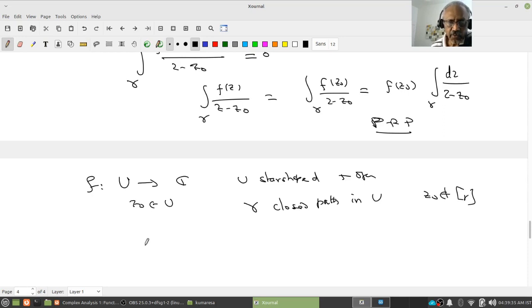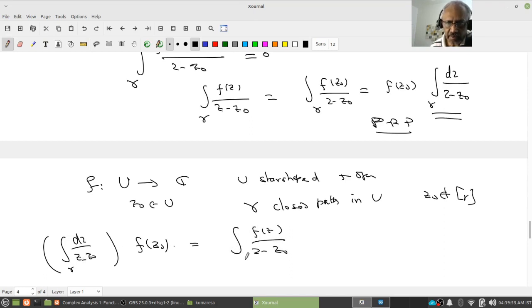Then we proved f of z naught into, let us put it in a bracket, integral of dz by z minus z naught over gamma, this equals the integral of f of z by z minus z naught over gamma. This is called Cauchy integral formula.